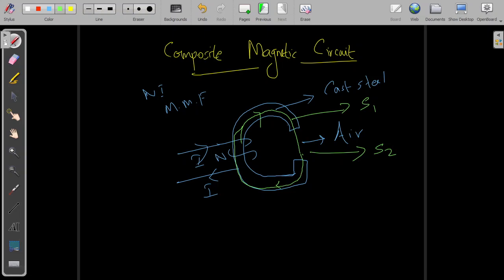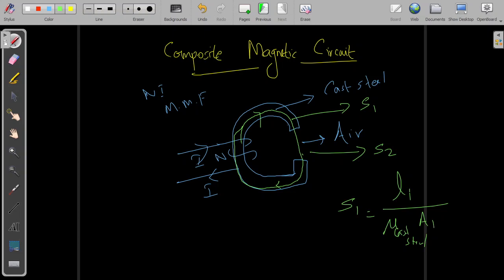Why? For S1, the cast steel has length L1 and permeability mu of the cast steel, with area A1. So S1 will be L1 divided by mu into A1.